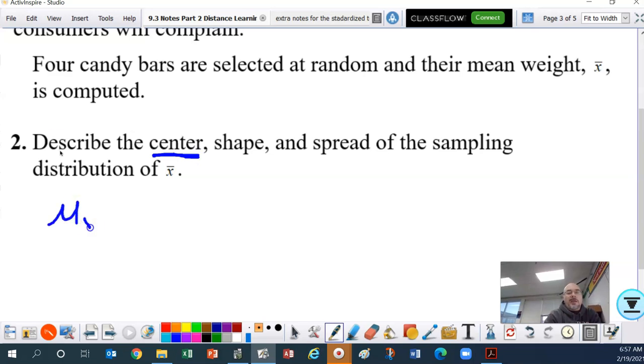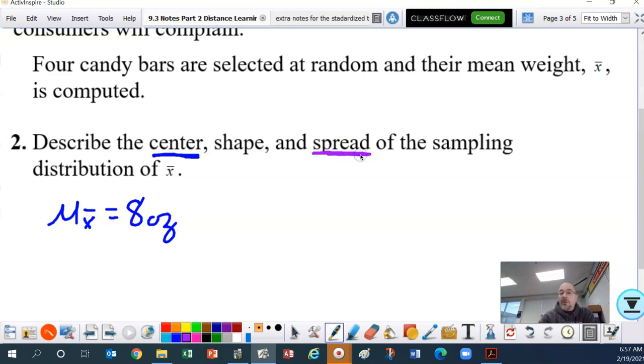So the mean of our sample distribution should be the mean of the original problem, 8 ounces. Okay, that's not going to change. I'm going to go to the spread next.